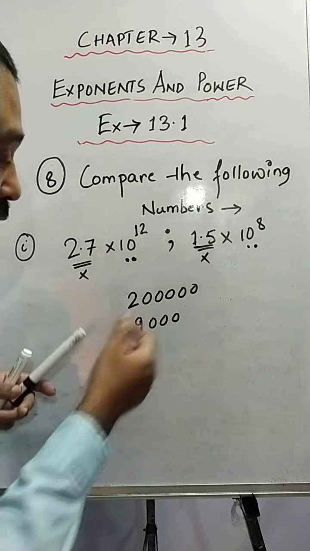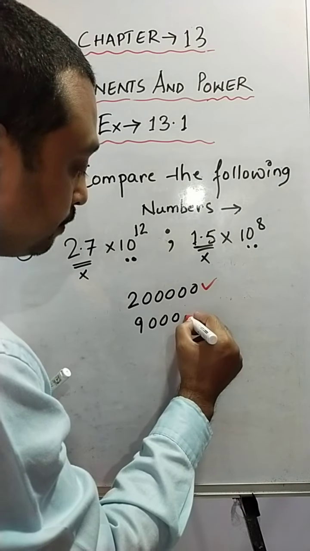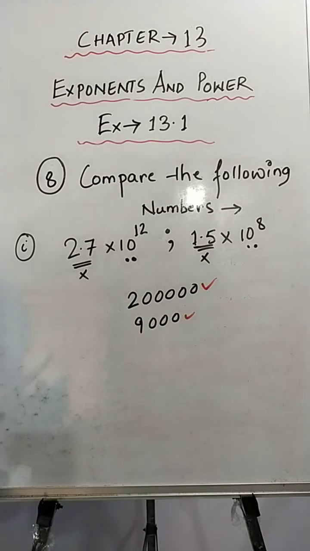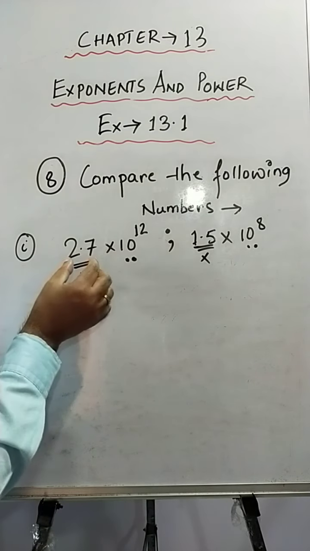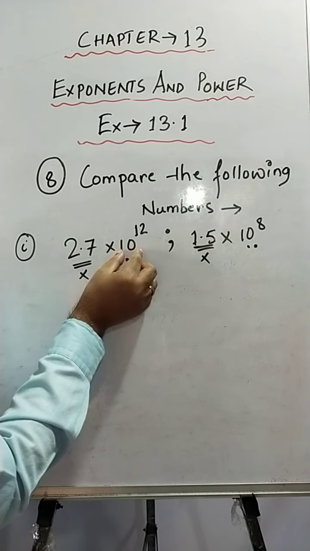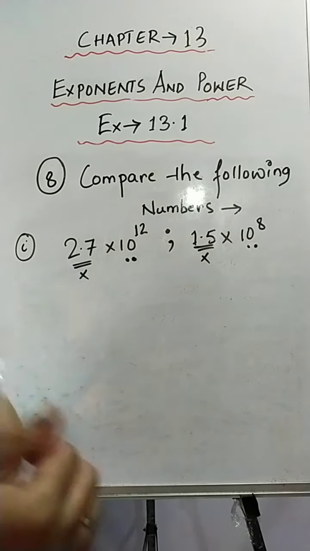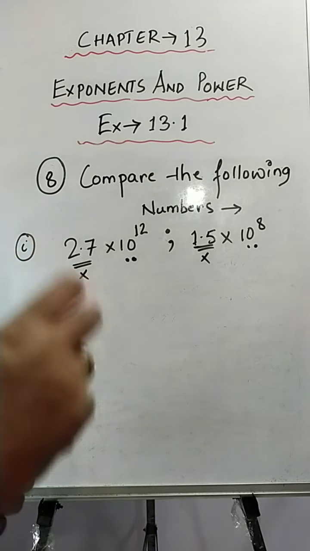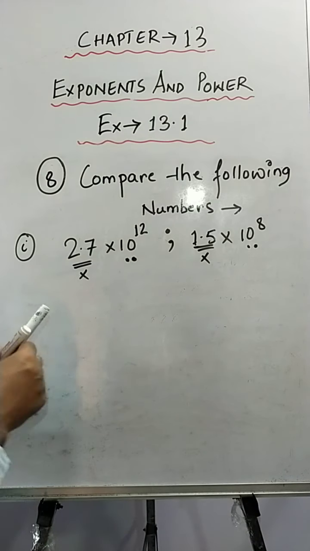Obviously yes, this number is much greater than the second number, isn't it? So this is the logic that you have to use, students, especially for this type of question: the number is carrying how many zeros? The number which carries the maximum number of zeros would be considered the greater number.